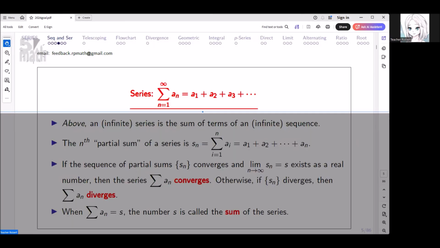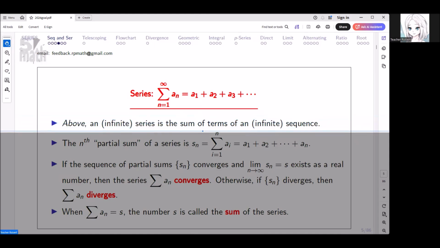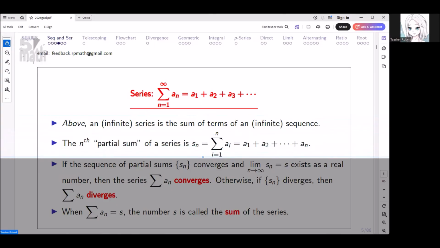Series. Sum from n equals 1 to infinity of an equals a1 plus a2 plus a3 plus and so on. Above, an infinite series is the sum of terms of an infinite sequence. The nth partial sum of a series is Sn equals this.